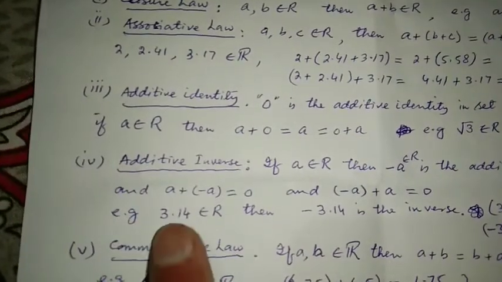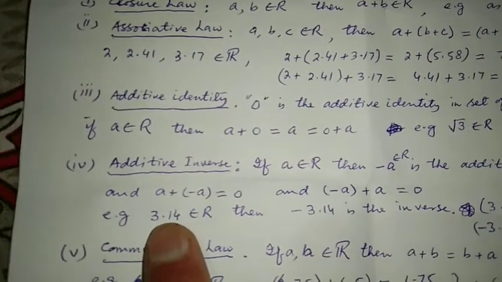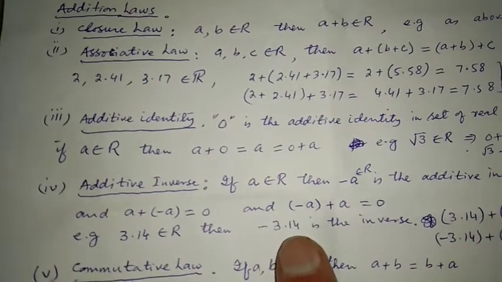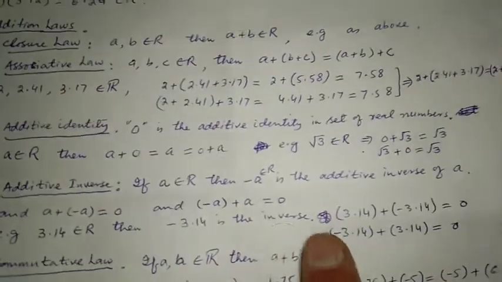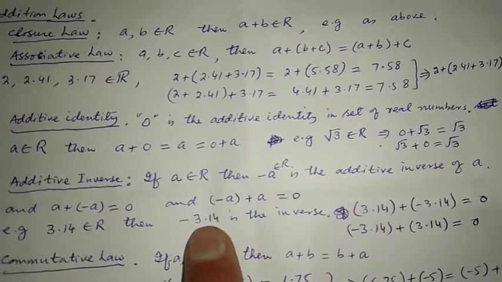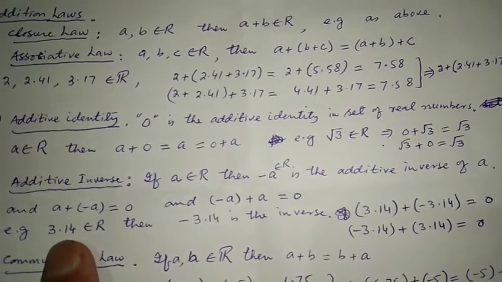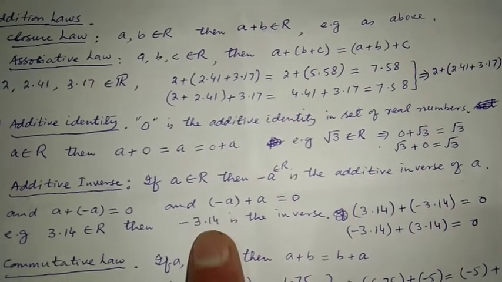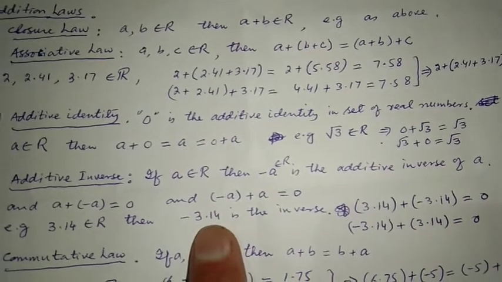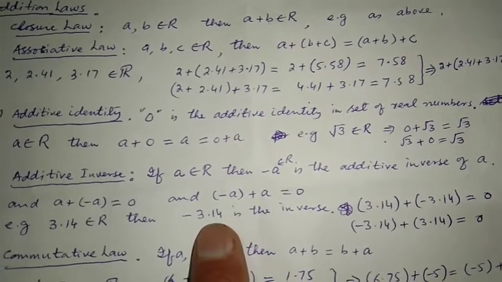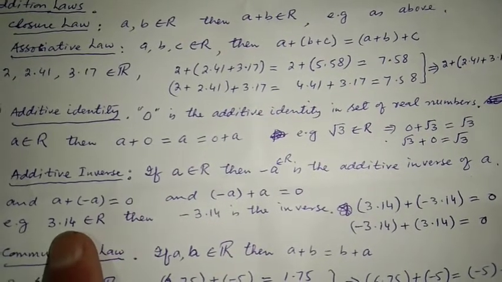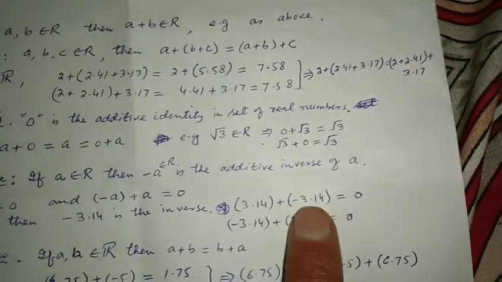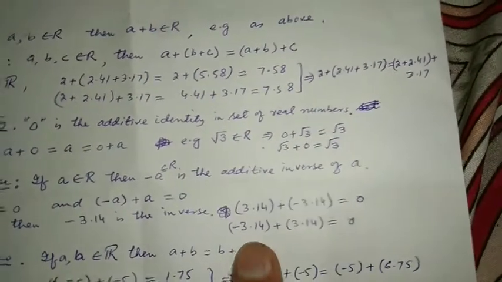For example, we are taking a real number 3.14, and minus 3.14 is the inverse. When we add this inverse to the real number for whom it is the inverse, we are getting 0, whether we are adding it from right or from left.